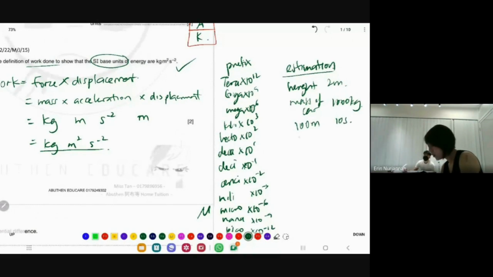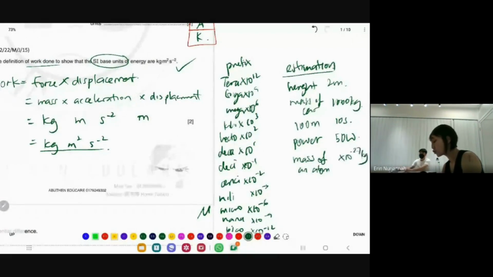Okay, and then the power of a bulb is about 50 watt. 50 watt. Okay, now next one is about what else? The mass of an atom is about 10 to the power of negative 27 kg.